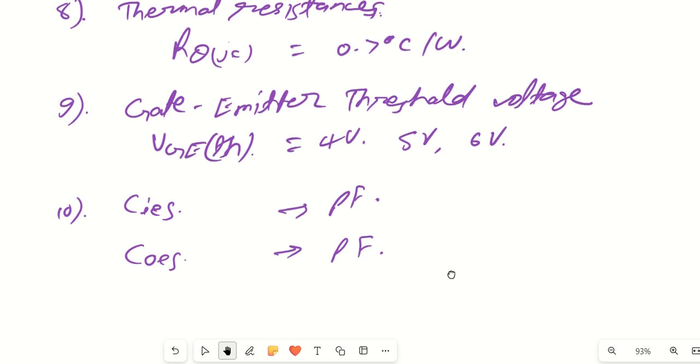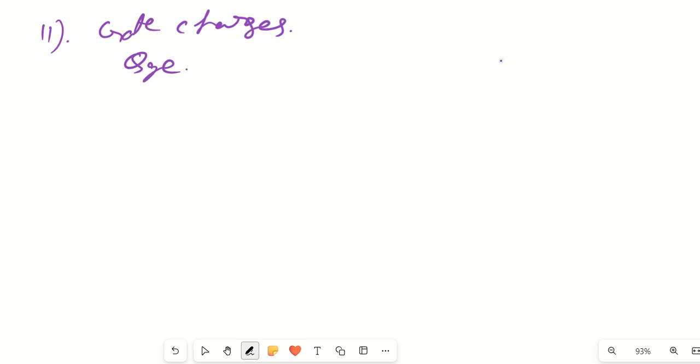Then the most important parameter that you have to look into before selecting an IGBT is the gate charges. Okay, gate charges. Gate charges can be in the form of two charges. One will be gate emitter charge, that is QGE, and another will be the collector charge, QGC. Understood?